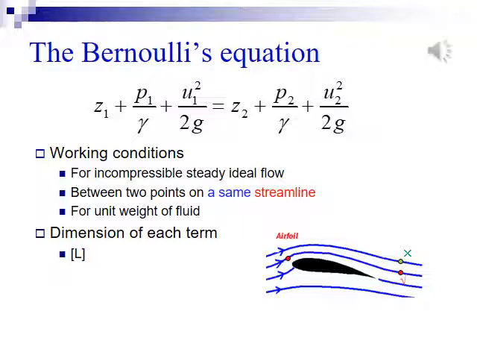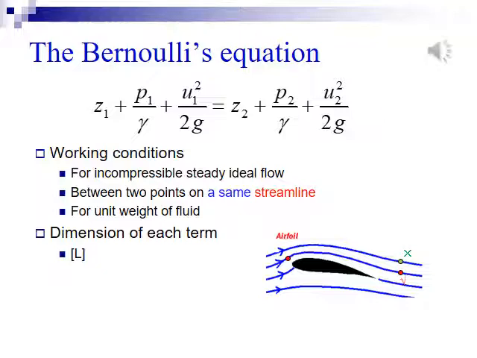I believe you like the look of Bernoulli's equation because you have recognized the first two terms on both sides of the equation. Yes, you read that right. They are piezometric heads at point 1 and point 2, respectively.